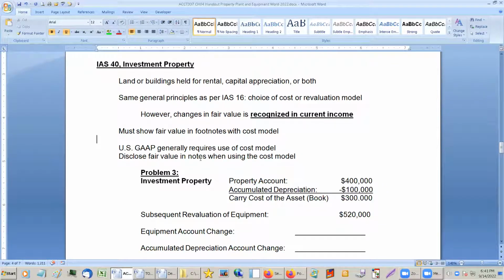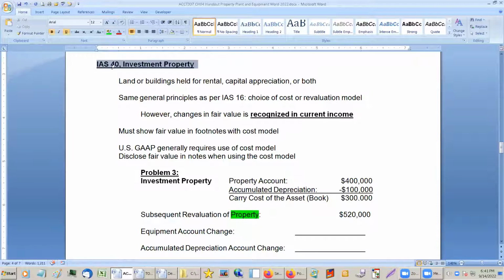Okay, I see an error already in this one. So it's going to be valuation of property. Change this word here to property. Okay.